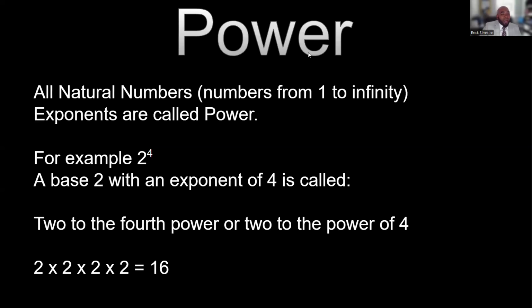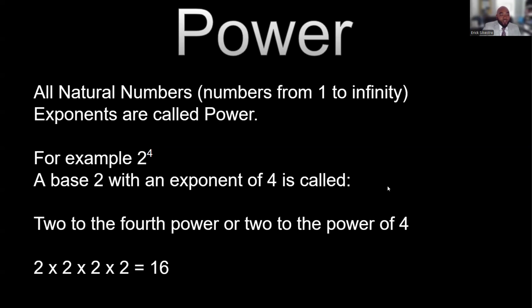Now, power. Power is a new concept that we are going to use with exponents. All natural numbers are numbers from 1 all the way to infinity, as far as you could count. Those exponents are called powers. So for example, if you have 2 with an exponent of 4, the base is 2 and the exponent is 4. You could say this as 2 to the 4th power or 2 to the power of 4.